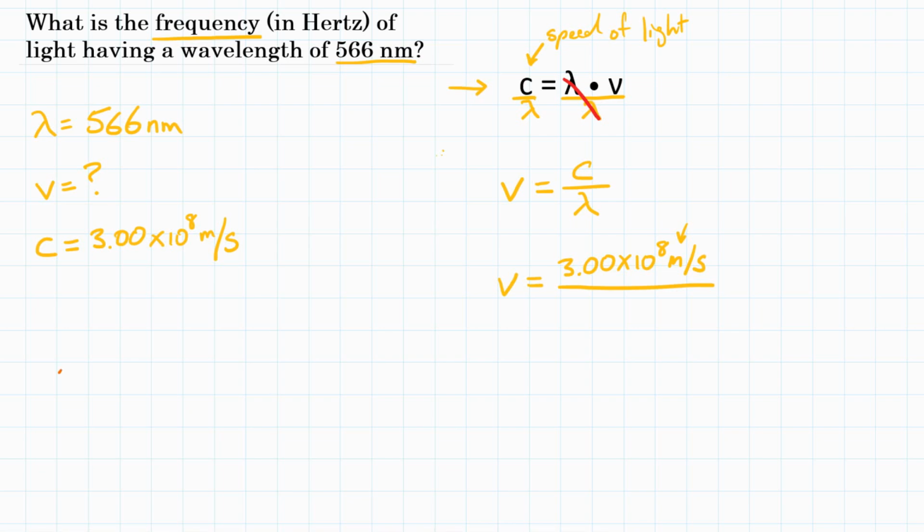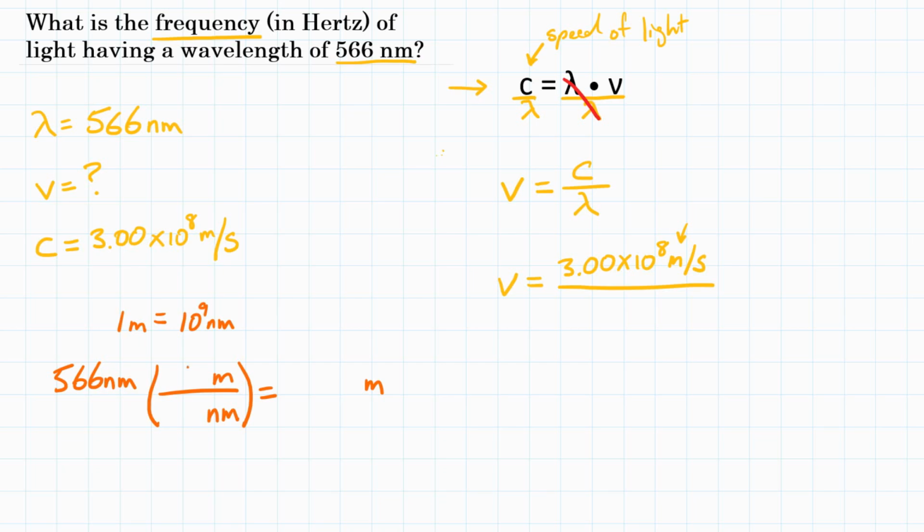So let's take our 566 nanometers and let's convert that to meters. So we're going to multiply by a conversion factor, and we want meters in the end. Okay, so I need to multiply nanometers by the relationship of meters over nanometers. What is the relationship between nanometers and meters? Well, 1 meter equals 1 billion, or 10 to the 9th nanometers.